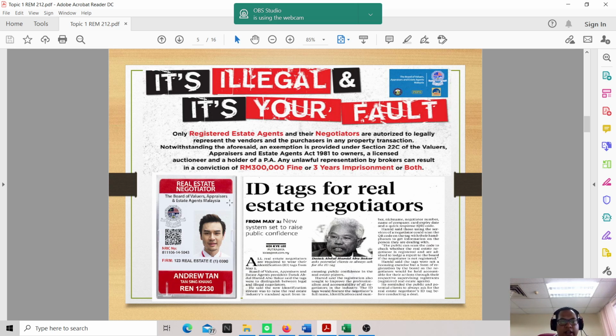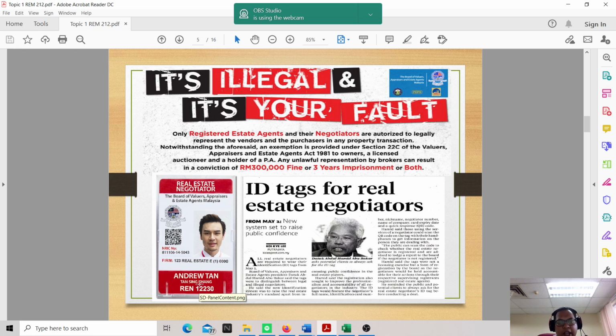So for example, this is a real estate negotiator tag produced by the Board of Valuers, Appraisers and Estate Agents Malaysia, with the official logo of the board, the QR code, the IC number, the firm 123 Real Estate, and then the name. There are two names here because one is like a stage name, like people nowadays like to use their nickname, Andrew Tan, and the IC name is Tan Sing Kang.